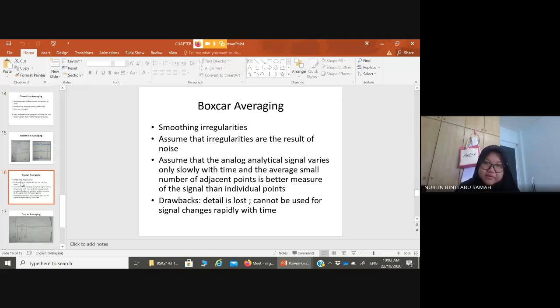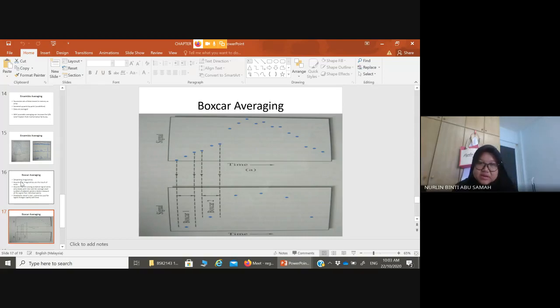For example, you have a set of data, and when you do the boxcar averaging, you can see that a few data are missing. So this is the drawback of the boxcar averaging.